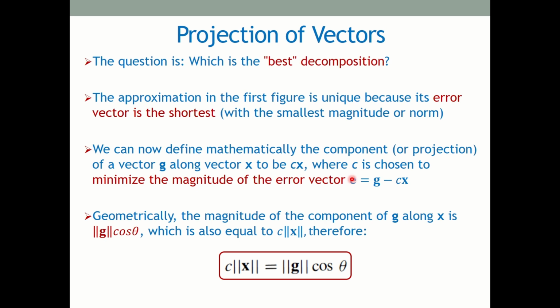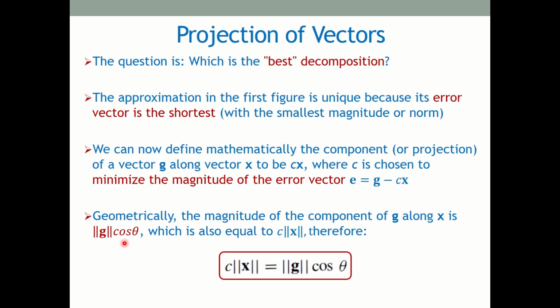So the idea is to choose c such that it gives us the minimum value of the error vector. What is the error vector? According to the head to tail rule, it's g minus cx. Geometrically, the magnitude of the component of g along x is the magnitude of g times cos theta.